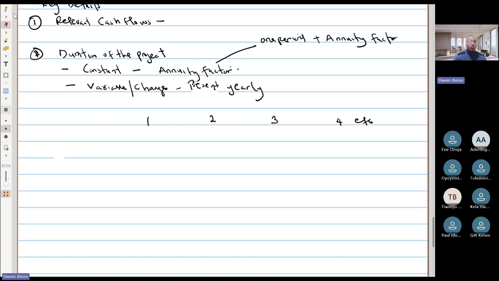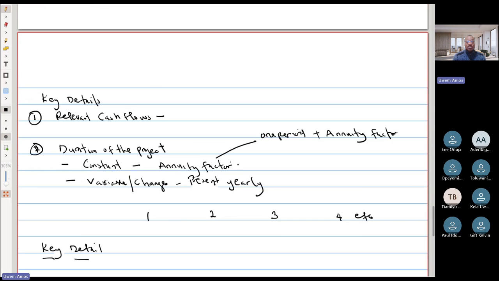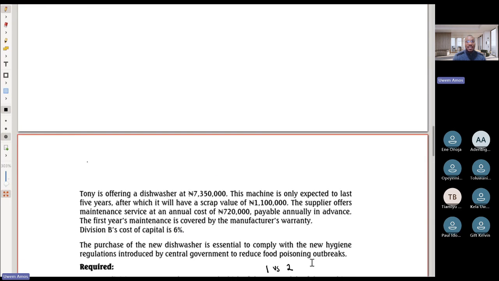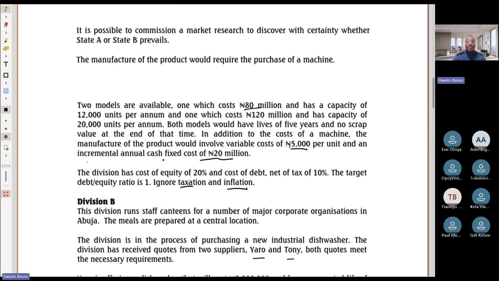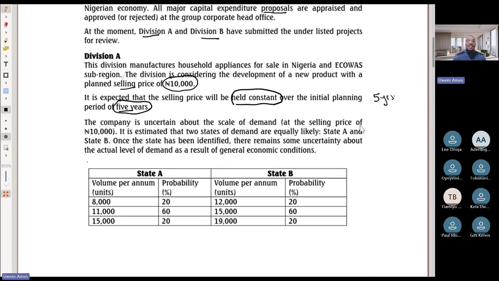So the question tells us at the very start that the selling price is 10,000 per unit. So that's the selling price of our product, 10,000 per unit.